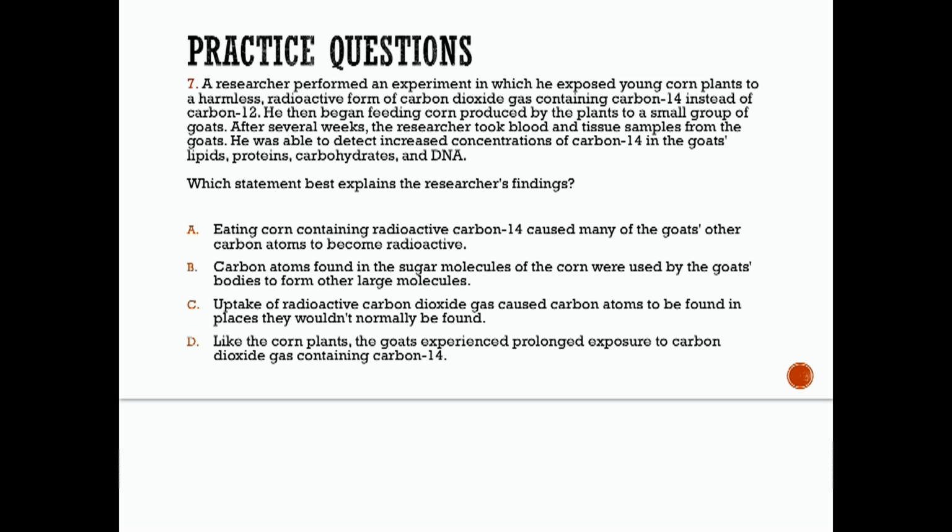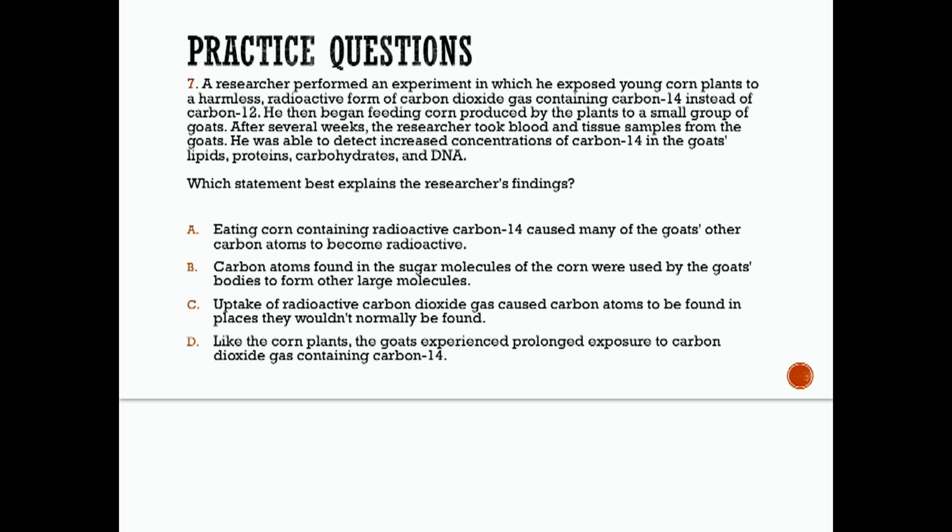He was able to detect increased concentrations of carbon-14 in the goats' lipids, proteins, carbohydrates, and DNA. So, which statement best explains the researcher's findings? And it's a good idea if you want to take some little notes, draw pictures, whatever about this. So go ahead and pause it and look over all 4 of these answer choices.